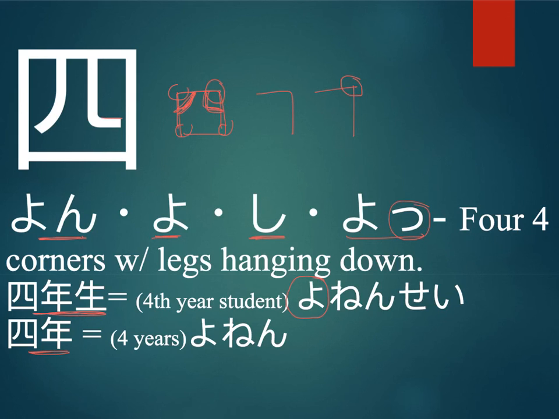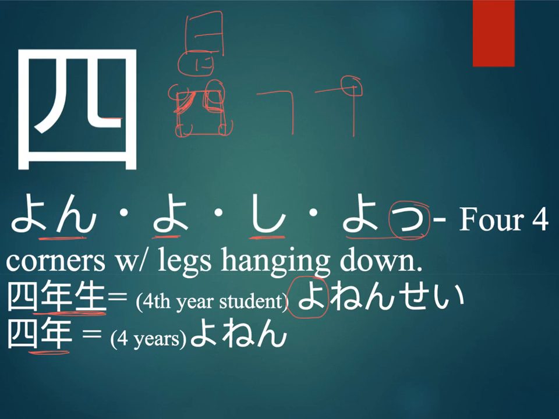So one thing I want to point out too in this last slide is that kanji are meaning-based. They have some sort of meaning with them. They're not just, for example, you would not write this kanji to represent the sound ni. You use it for its meaning.